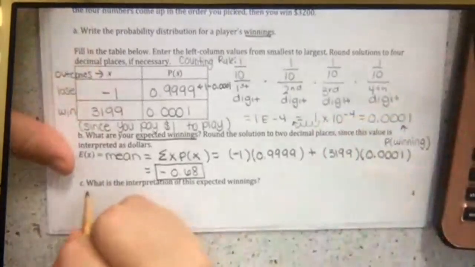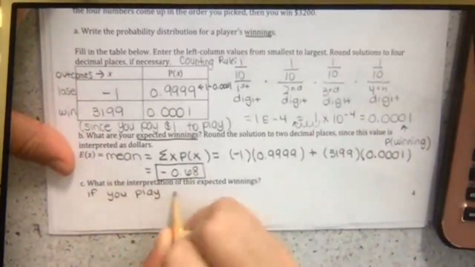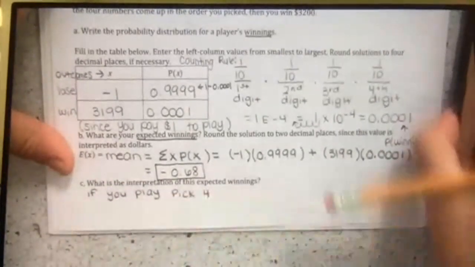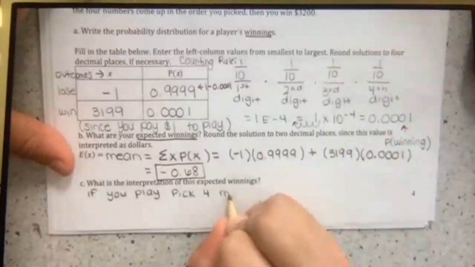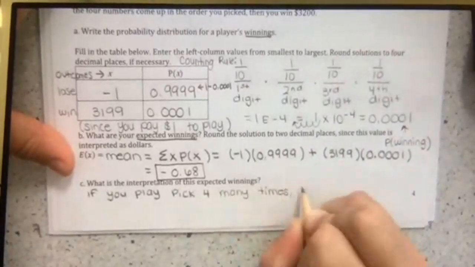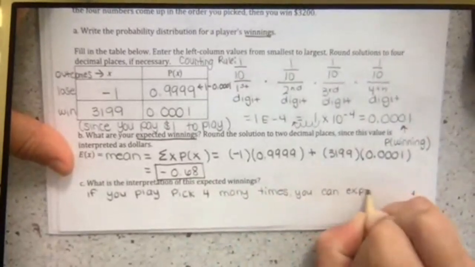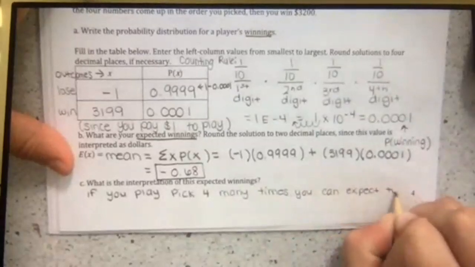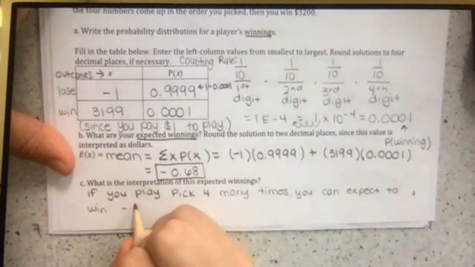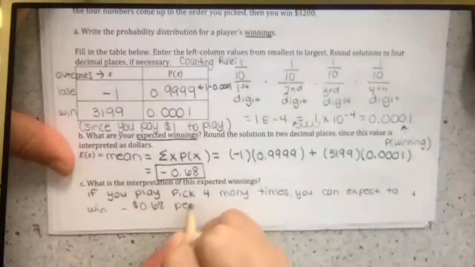So if you play Pick 4 many times, you can expect to win negative $0.68 per game.